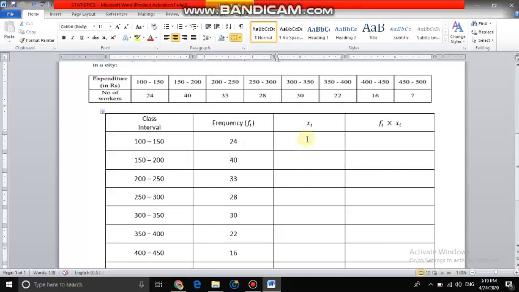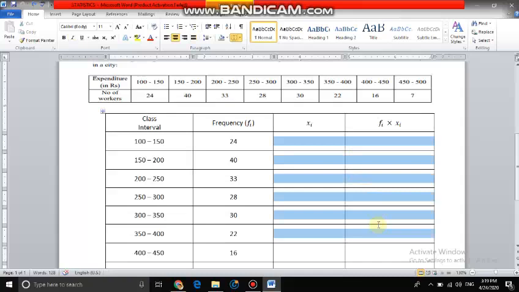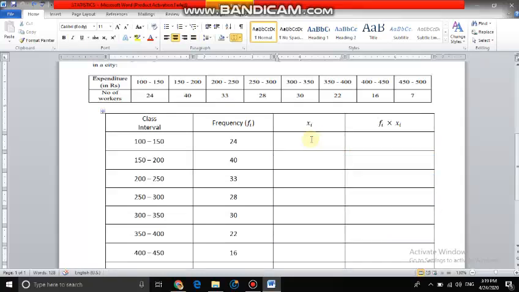Now these two columns we have to write, one is Xi and another one is Fi. Let's see how to fill up these columns. Xi is the average of these two numbers. Average means the sum of two numbers upon 2.